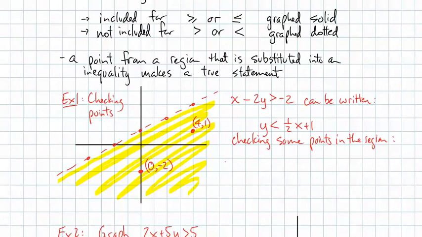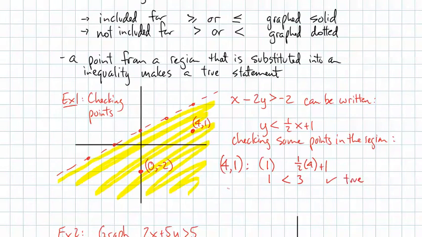If I substitute 1 in for y and 4 in for x, we'll see that I have 3 and I have 1, and this would be less, and that inequality was less than, so this makes a true statement.